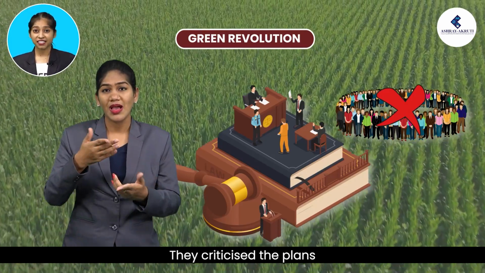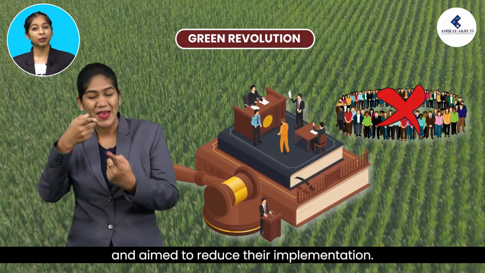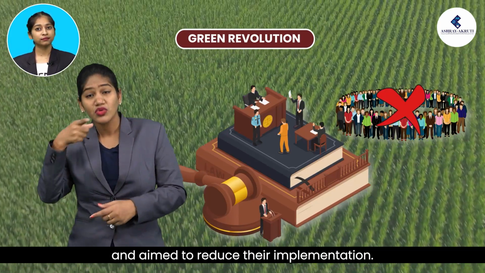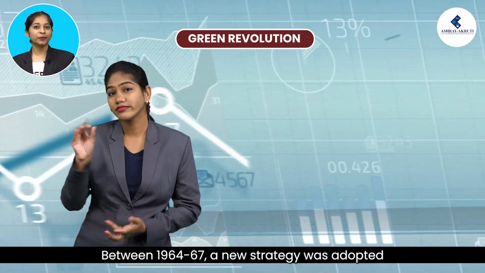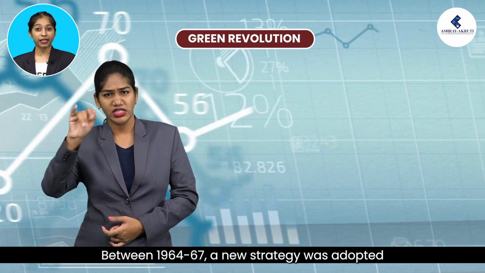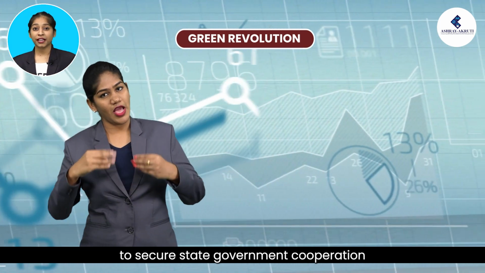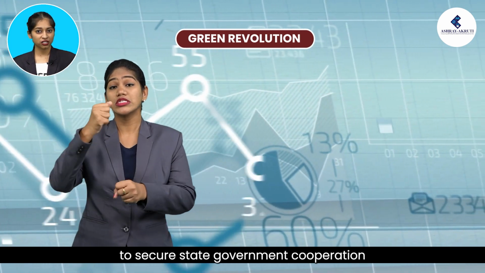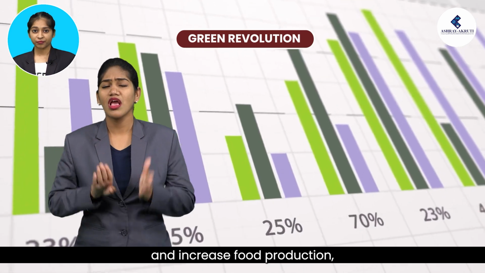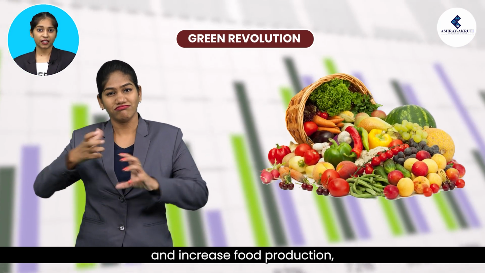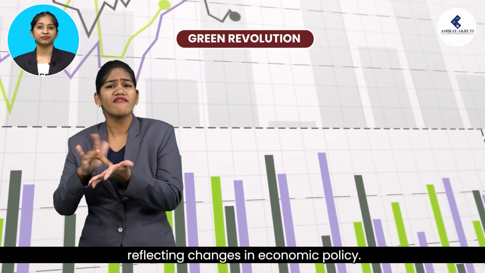They criticized the plans and aimed to reduce their implementation. Between 1964 to 67, a new strategy was adopted to secure state government cooperation and increase food production, reflecting changes in economic policy.